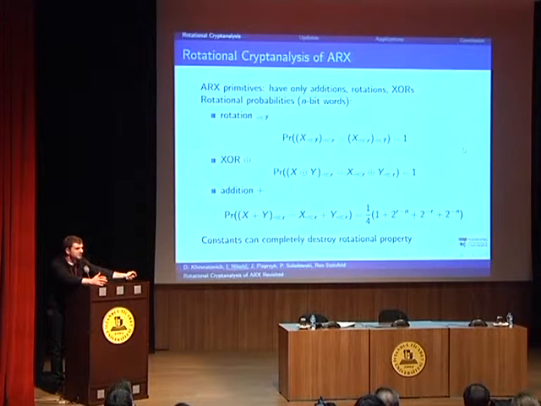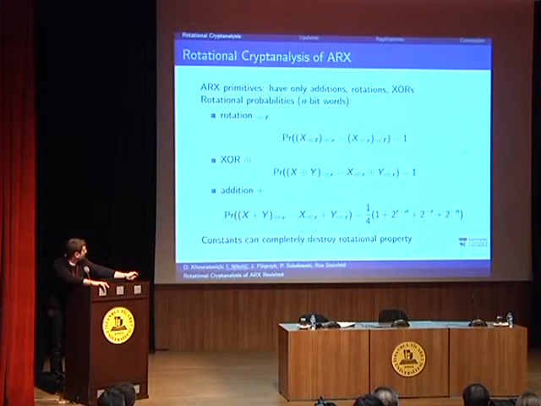And only the rotational probability of modular addition is less than 1. It's at least 1/4, and it depends on the rotation amount R and on the size of the words N. So we assume that these ARX primitives do not have constants, because the constants can completely destroy the rotational property. Okay? So we're working only with ARX with no constants.